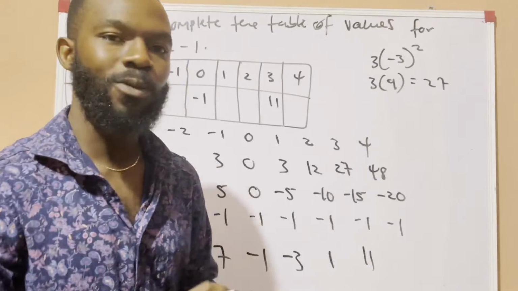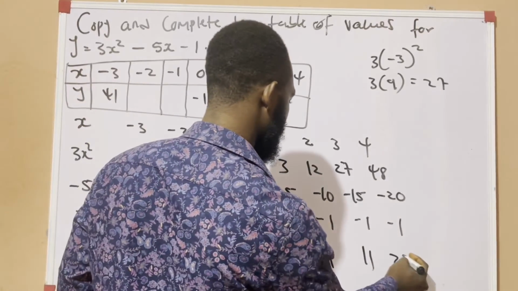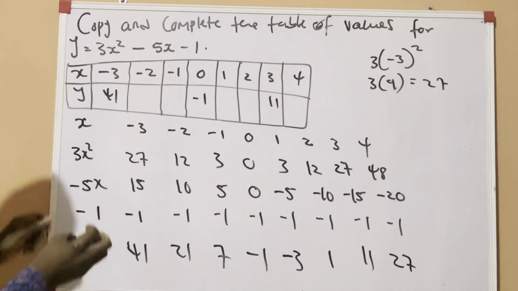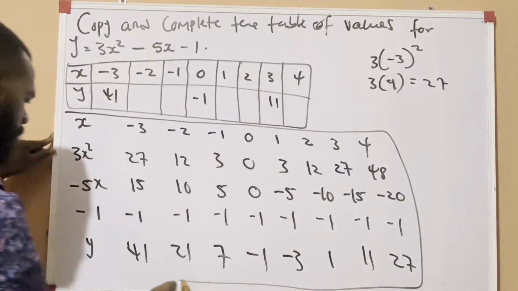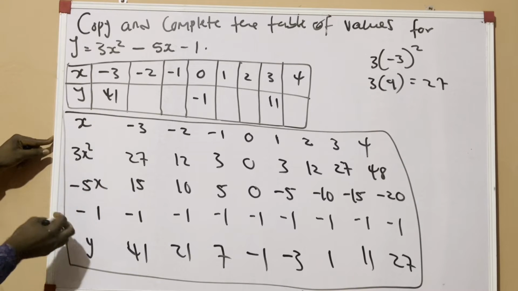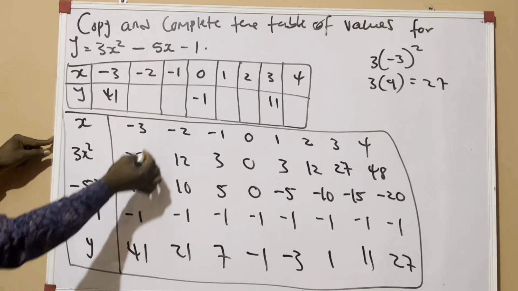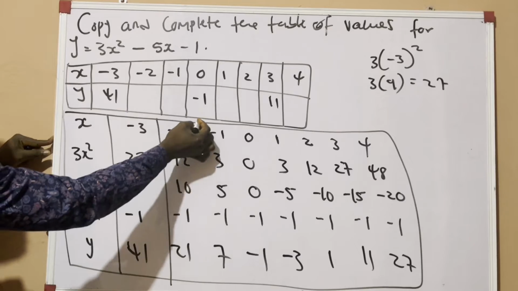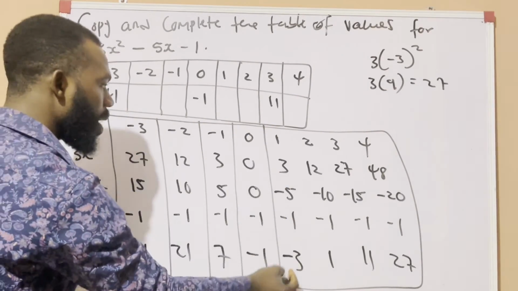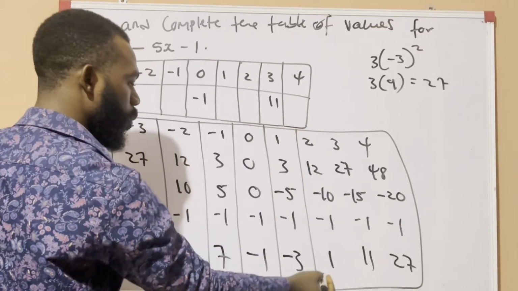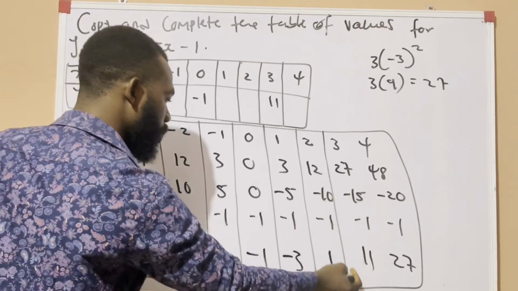And 28 minus 1 gives us 27. We are done with the tables.